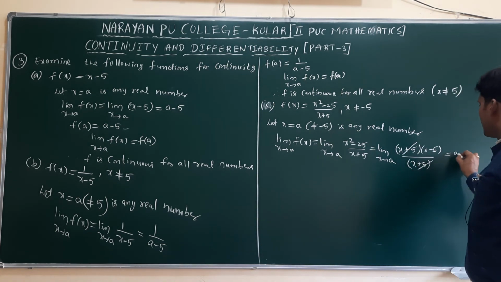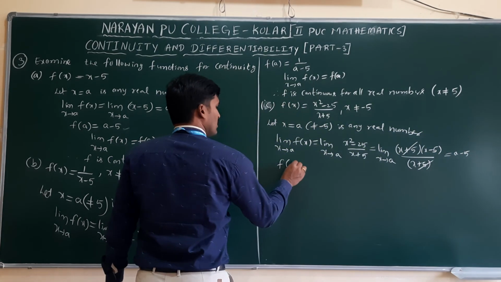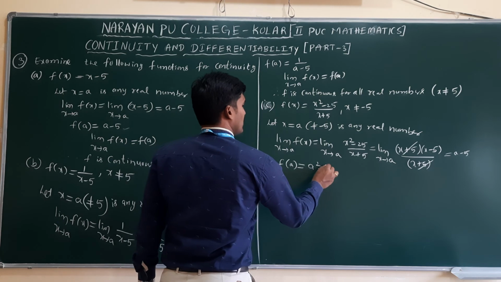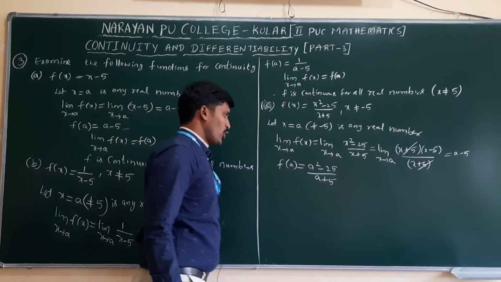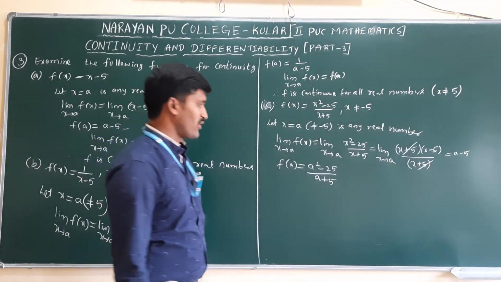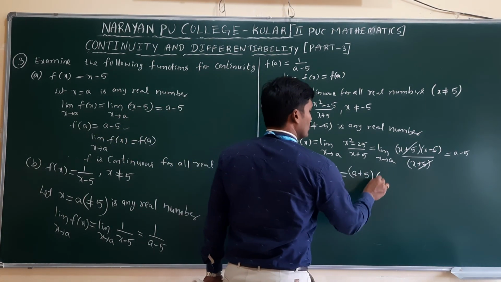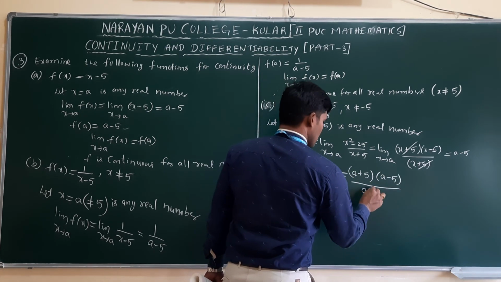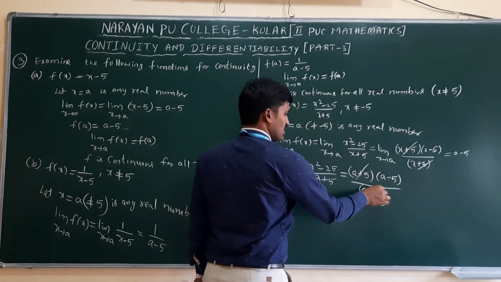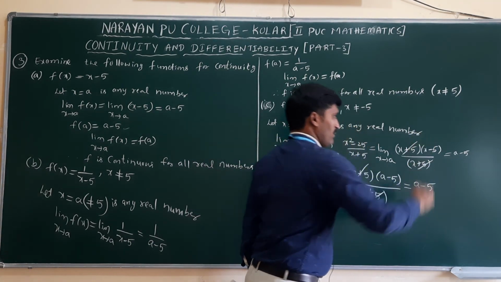Now substitute the limit, that is a minus 5. Similarly, function value f of a equals a square minus 25 by a plus 5. For the numerator we use the a square minus b square formula, so a plus 5 into a minus 5 divided by a plus 5. Again these two get cancelled, and we get the required value a minus 5.